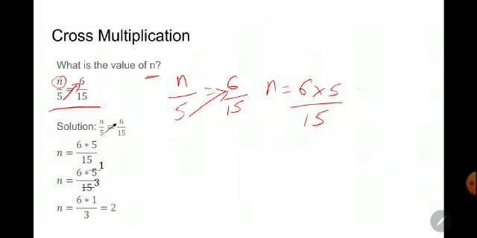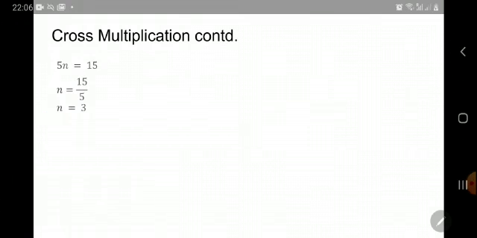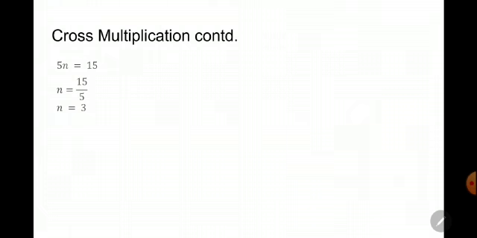15 is a multiple of 5, therefore you cancel those out. Again we get 3 and 6. Again 3 times 2 is 6, therefore you get the answer 2. Now if you move any multiple from left hand side to the right hand side, it becomes a division. Let's take an example of that.